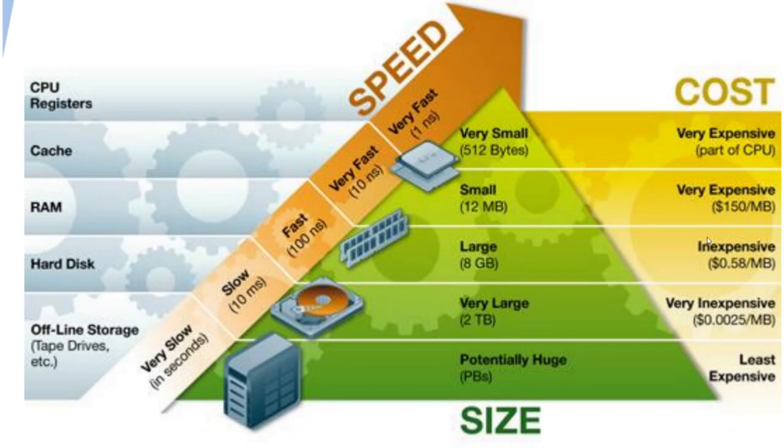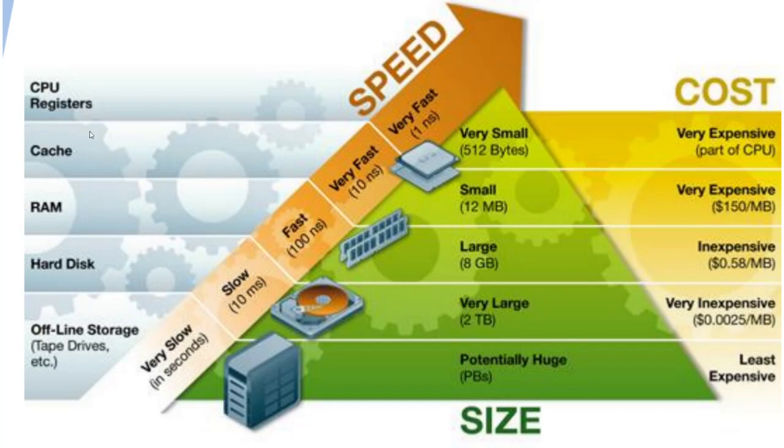This chart shows the relationship between size, speed, and cost of various devices. CPU registers are very fast, but very expensive as they are part of the CPU. And because the CPU is very small, the size is also very small.